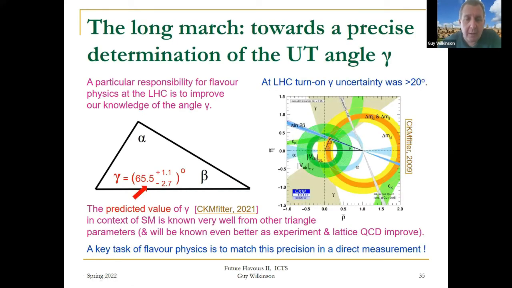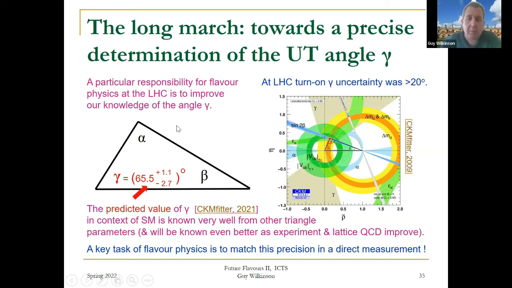Now let's turn to the other angle of the triangle, which I consider of interest, and that's gamma. And this has been a particular responsibility of the LHC to improve our knowledge of gamma. When we turned on, the uncertainty on gamma was 20 degrees or more. You see this beige pair of triangles here giving you the experimental constraints in 2009.